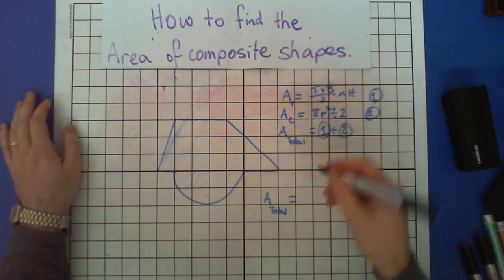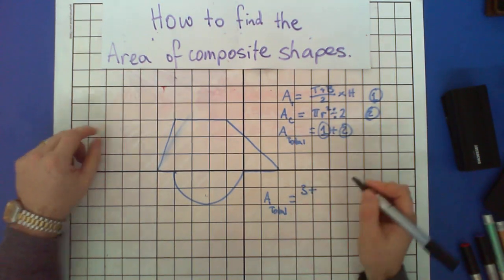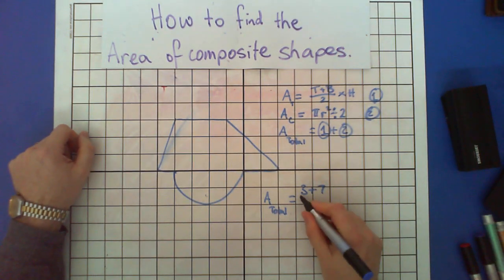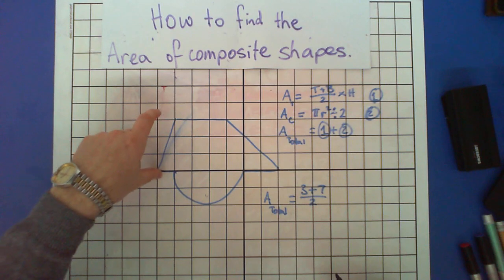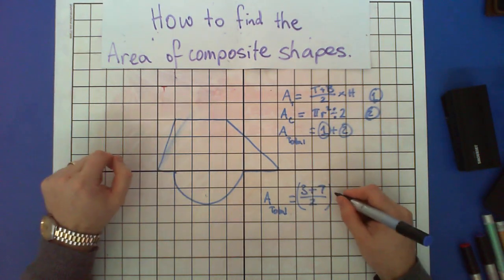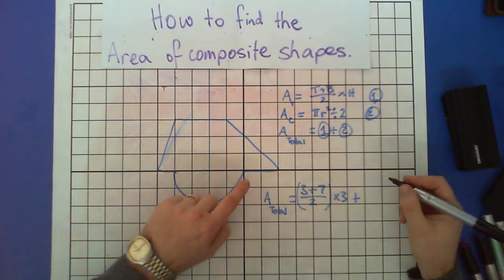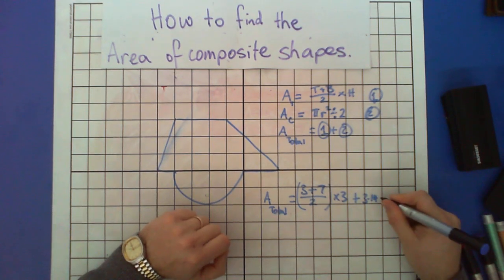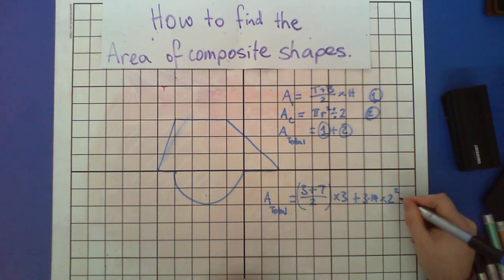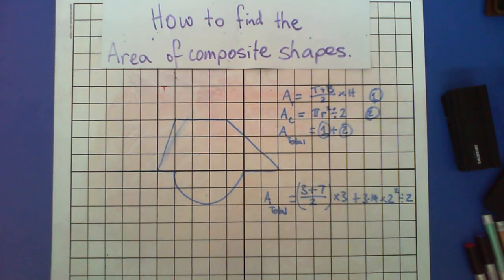equals equation 1, the top length is 3 plus the bottom length is 7, divided by 2, times our height, which is 3, plus our pi, 3.14, times our radius, which in this case is 2 squared, divided by 2, because we only want half of our circle.